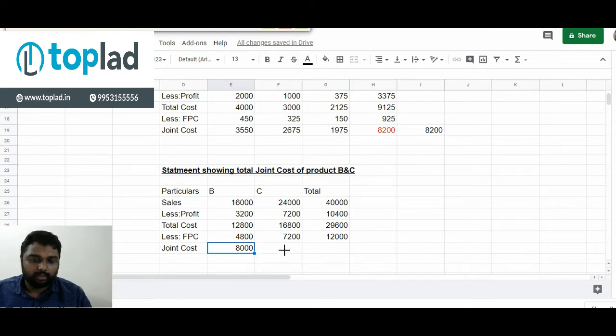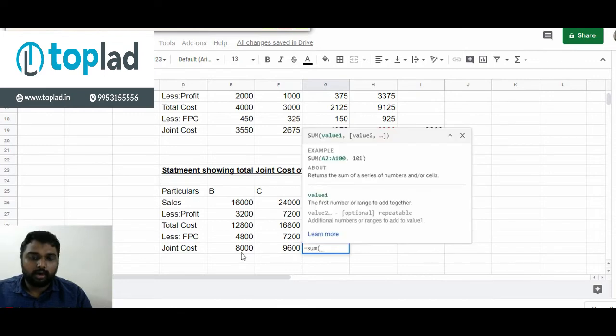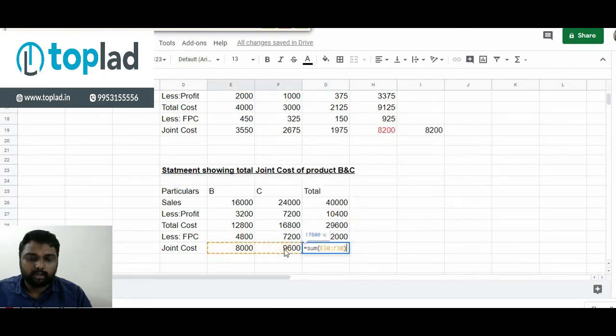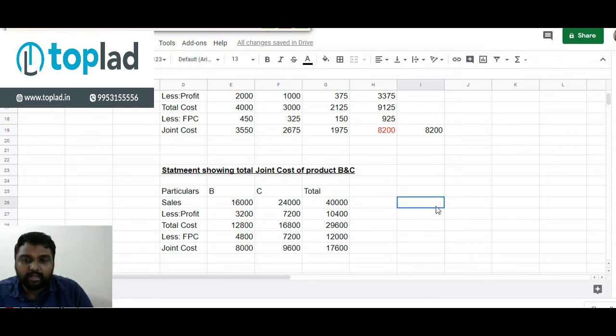So what is the total of further process cost? So you got your joint cost also. What is your joint cost? Your joint cost is 17,600. Are you ready?